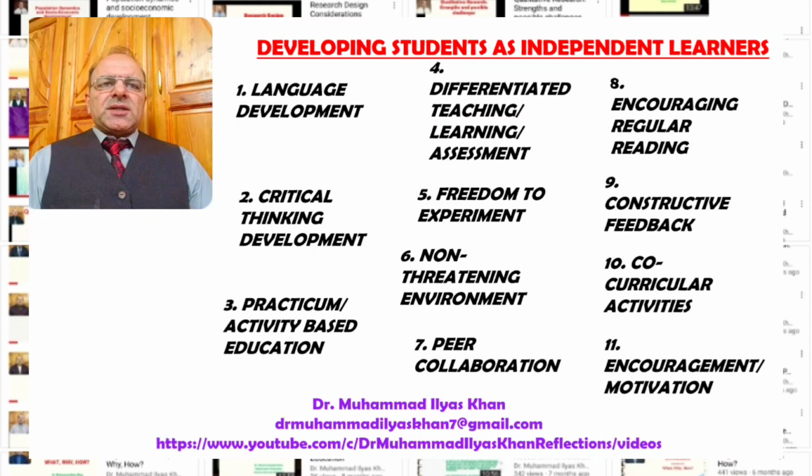So differentiated teaching, learning and assessment processes will also help students in becoming independent learners.